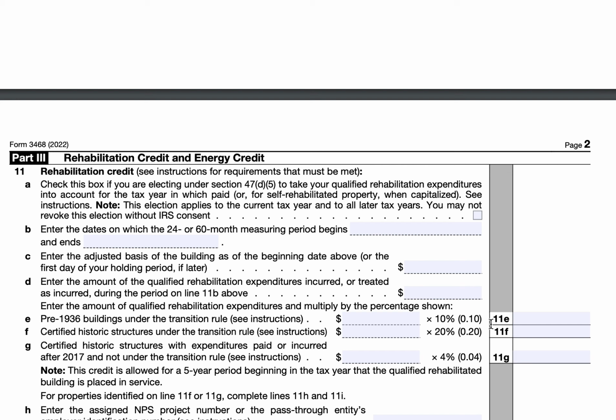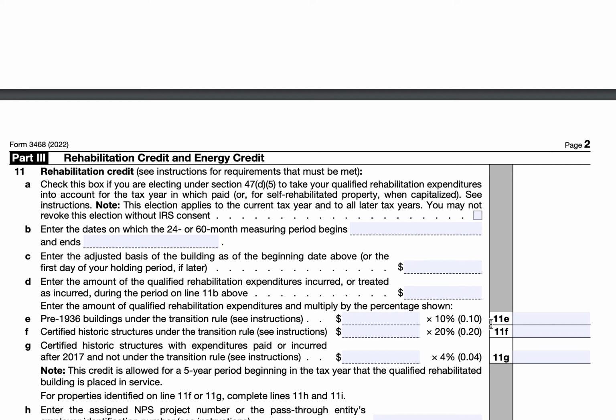So they must be for either non-residential real property, residential rental property, or real property that has a class life of more than 12.5 years. Those expenditures must also be incurred in connection with the rehabilitation of a qualified building. They must be capitalized and depreciated using straight line depreciation.